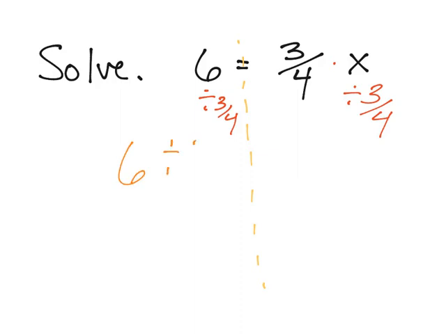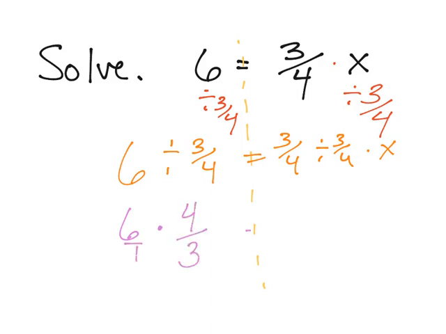So I have 6 divided by 3/4 equals 3/4 divided by 3/4 times x. All right. Now, if I'm dividing fractions, I keep the first number the same, and I multiply by the reciprocal, right? Keep, change, flip. So on the right side, I have 3/4 times 4/3 times x.